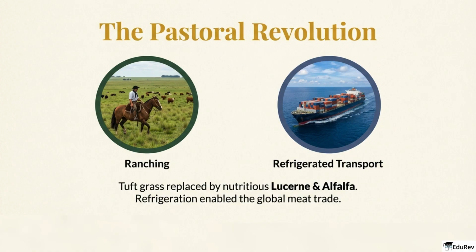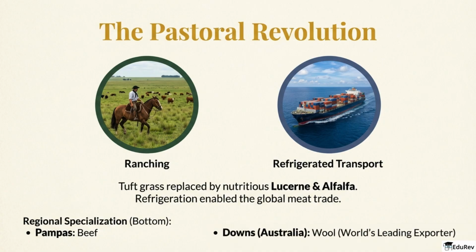Once refrigeration became reliable, meat and animal products could be traded globally. And that created regional specialization. The Pampas became strongly associated with beef. The Downs of Australia became famous for wool, with Australia emerging as a leading exporter. This is the point where climate geography becomes economic geography.